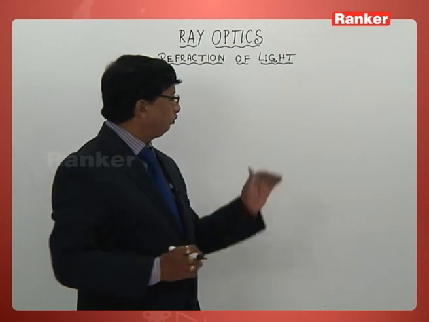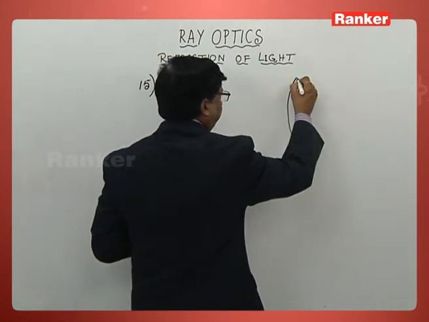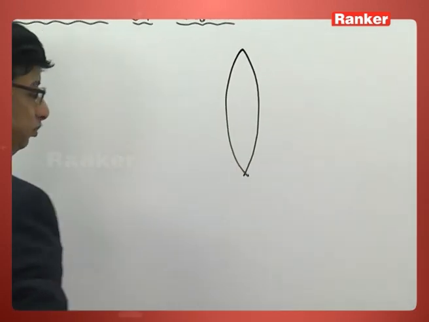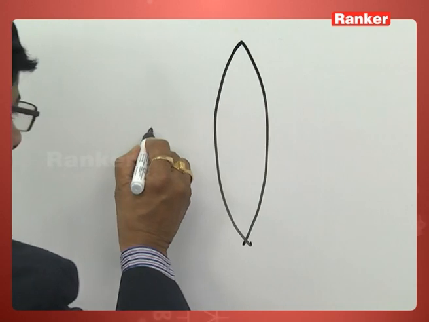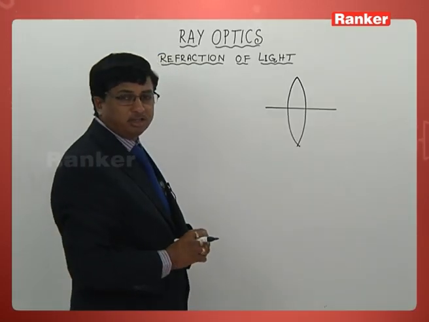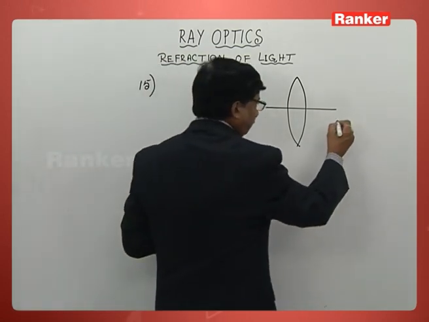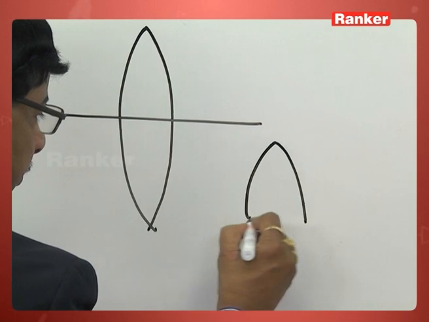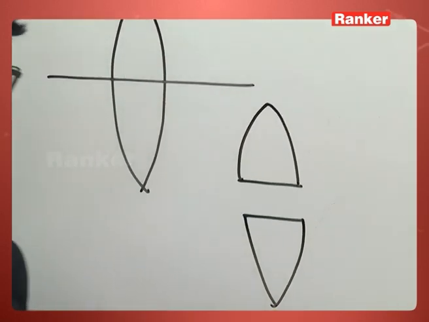First and foremost, you should get to your mind in how many ways we can cut a lens. Generally speaking, you can cut this lens along its principal axis. That's one way of cutting the lens. If you cut it like this, you get one portion of the lens like this, the other portion like this.